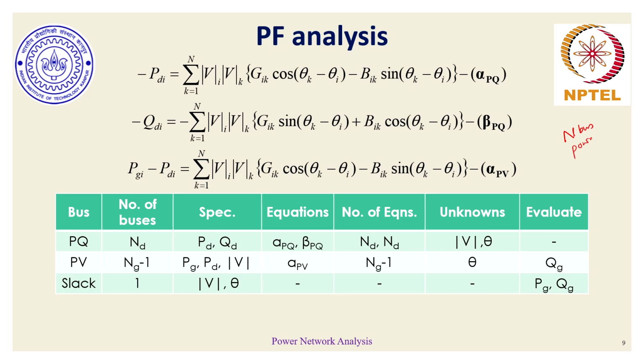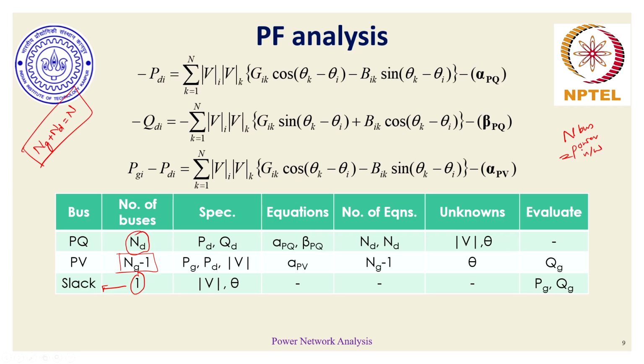For an n-bus power network, if there are nd number of PQ buses and ng number of generator buses, out of which one bus is acting as the slack bus or swing bus or angle reference bus, then essentially the effective number of PV buses is ng minus 1, where ng plus nd is equal to capital N, the number of buses in the power network.